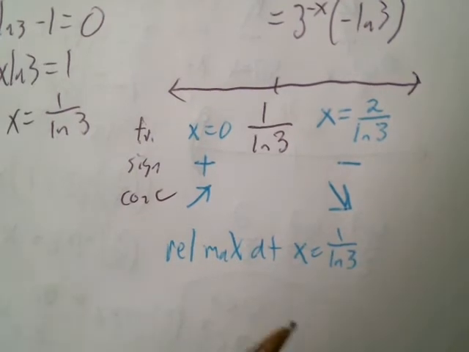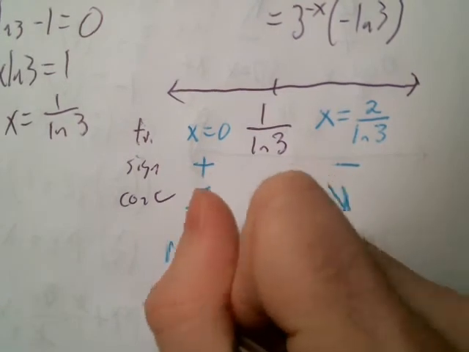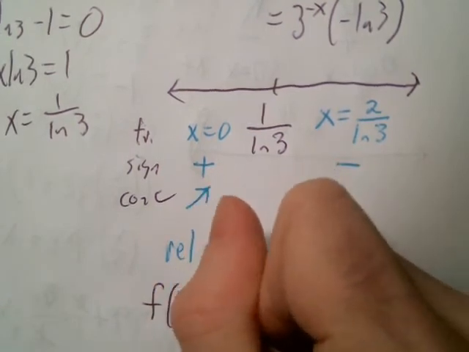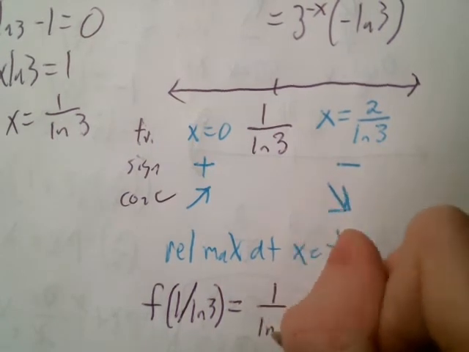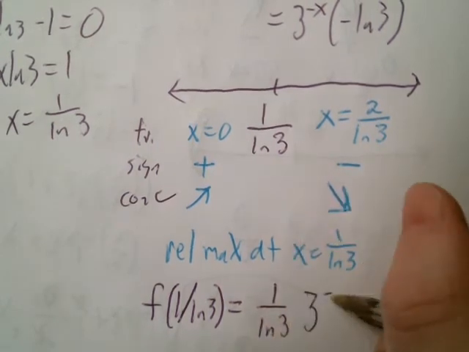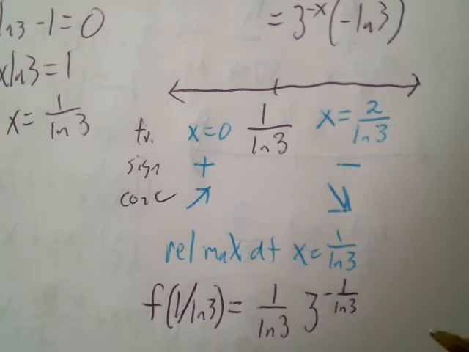And then we want to plop that back into the function and figure out what it looks like, right? So f of 1 all over ln 3 equals 1 all over ln 3 times 3 to the negative 1 all over ln 3. Okay. As far as some simplification, I don't see one.